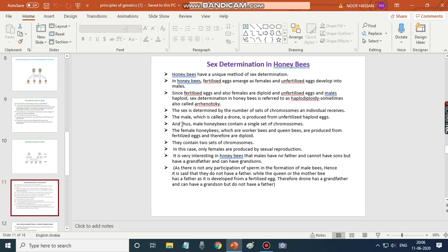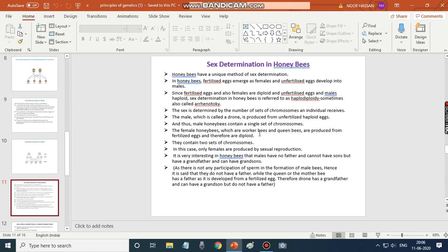For example, the male, which is called a drone, is produced from an unfertilized haploid egg. So no fertilization at all, the unfertilized egg develops into a drone or male bee, and thus male honeybees contain a single set of chromosomes. Because only the haploid egg, a single set of chromosomes, develops into a male honeybee.